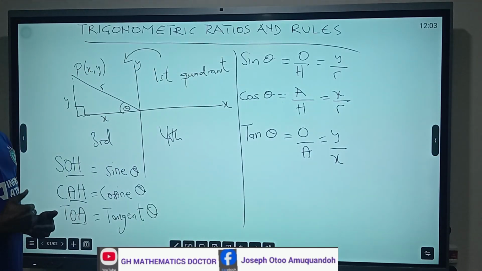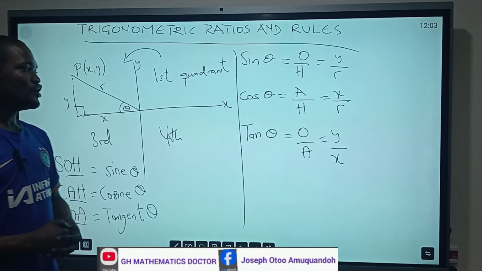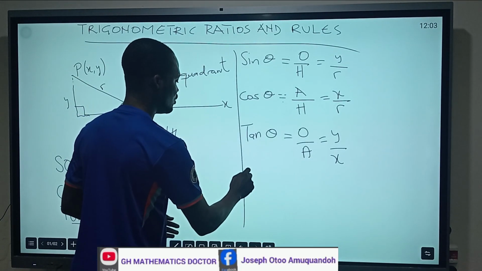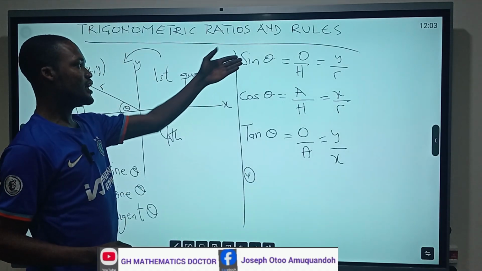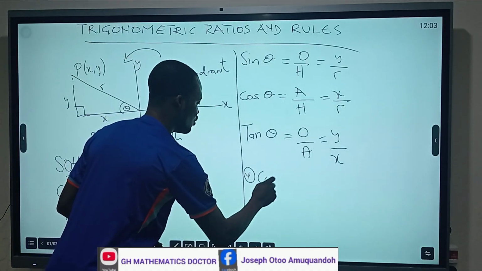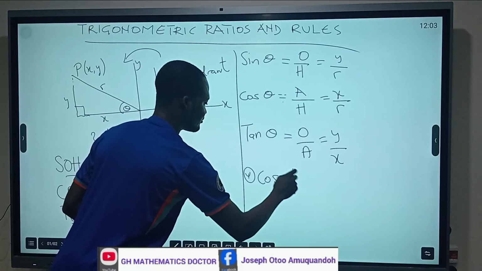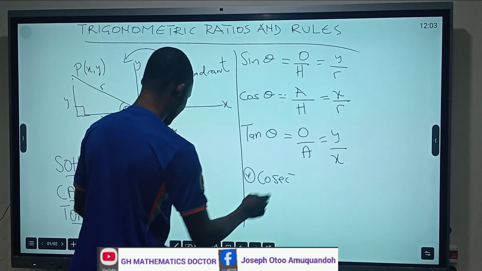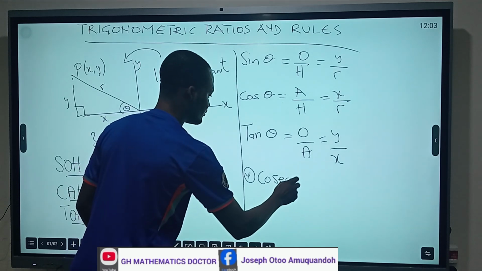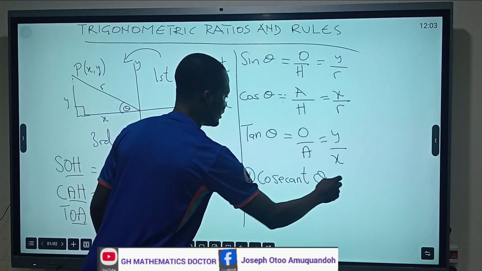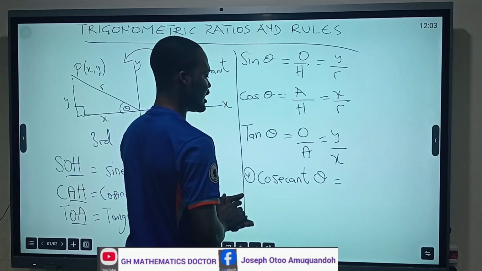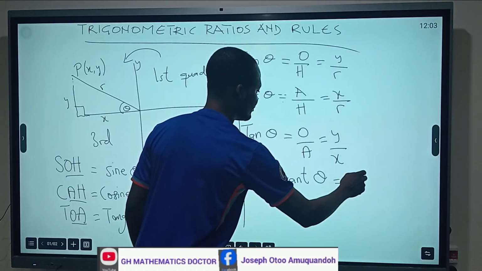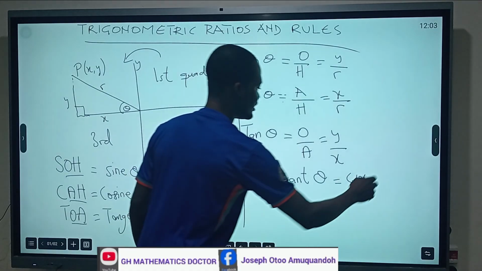We are going to look at the other 3 that will make up the 6, and the other 3 are the reciprocals of the first 3. So the fourth one I'm going to talk about will be the reciprocal of the sine, and we call it cosecant theta. Cosecant is also shortened as cosec theta.